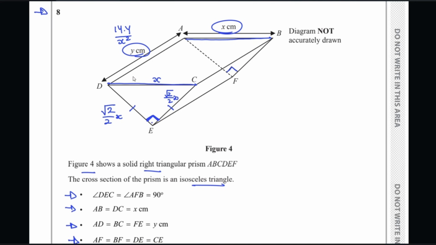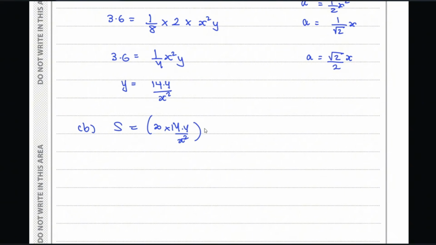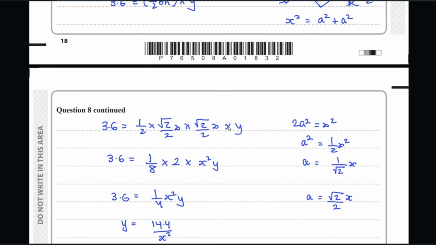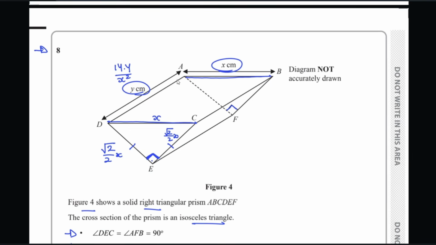Let's think about the surface area. So let's deal with this surface first. This is a rectangle. To find this area, we have to multiply x with 14.4 over x squared. So that is the first area, the top face of this 3D diagram. Then these faces here, this is also a rectangle. It's the same as the face on this side.